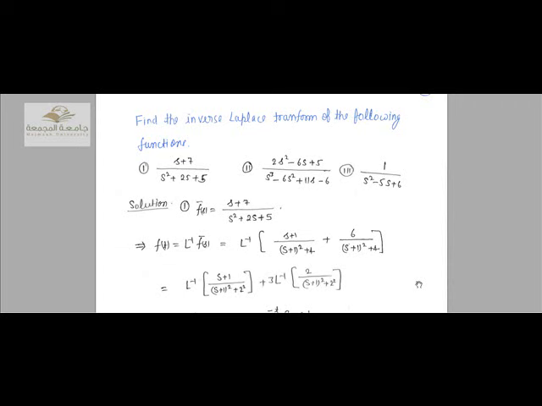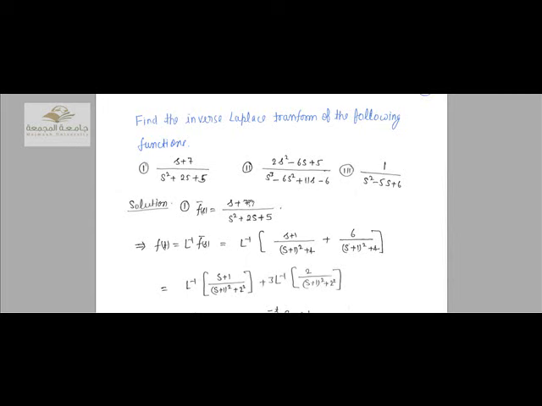So we are going to solve the first problem, number 1. It is given that F(s) bar is equal to (s plus 7) over (s square plus 2s plus 5). So first we need to break the numerator as (s plus 1) plus 6.